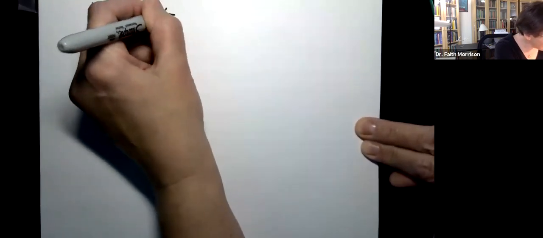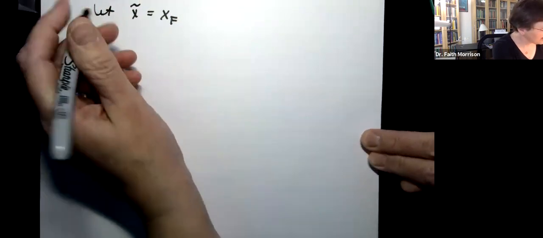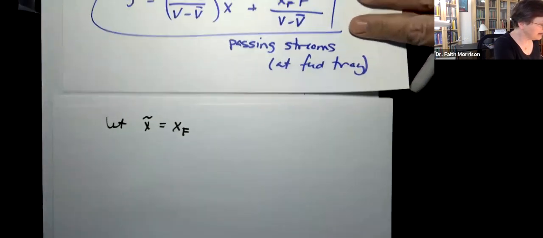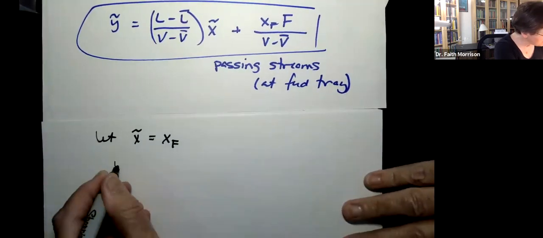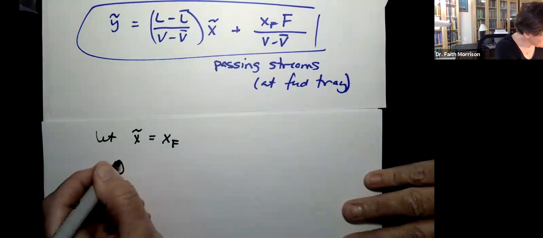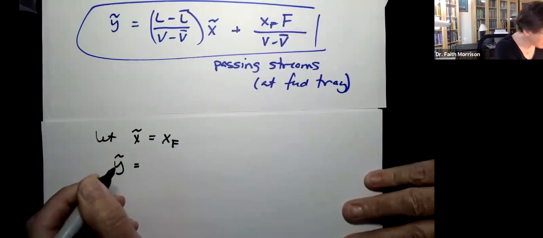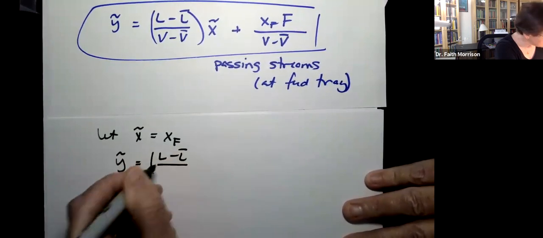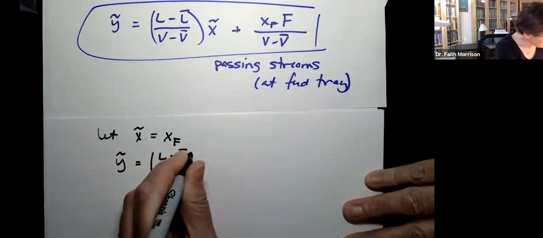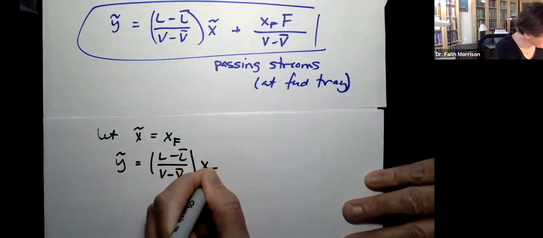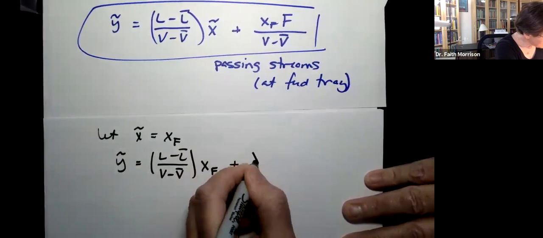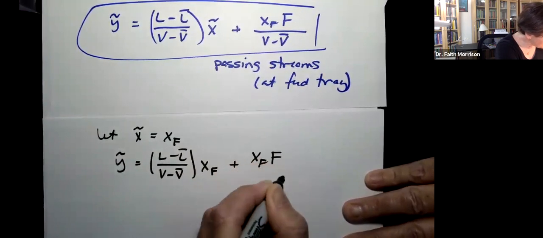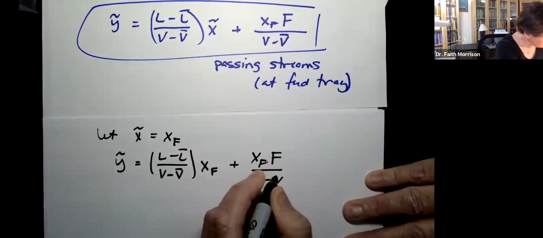Okay, so let's let X tilde equal XF. Okay, so here's the mass balance at the feed tray. So that means that if X tilde equals XF, Y tilde, the passing stream at the feed tray, has to be equal to (L minus L bar) over (V minus V bar) times XF plus XF F over (V minus V bar).